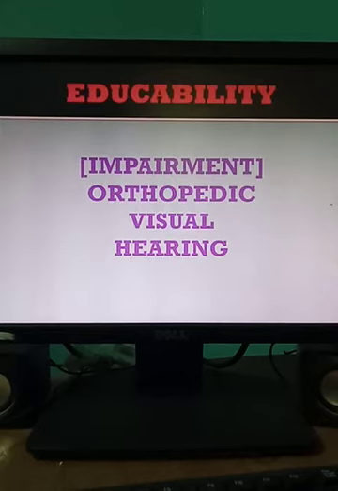And I think this is the last one, educability. Educability refers to impairment, which is an ability that has problems. Some children are born lacking certain things, maybe in their senses too, like some might lose their sight or their hearing.